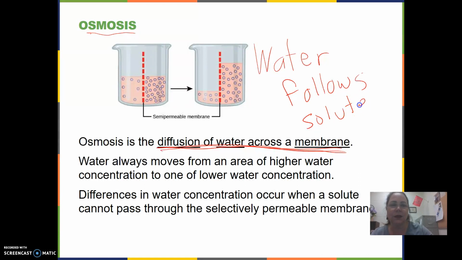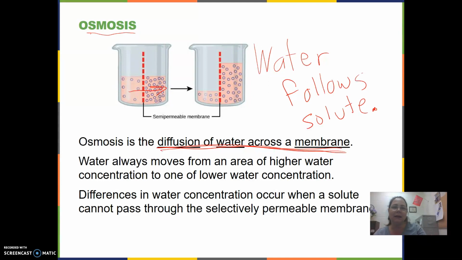So if you just look at the concentration of the solute in the different solutions, water is going to move in the direction where there's a higher amount of solute. So in this case, the water on the left is going to move to the right side of the beaker across that semi-permeable membrane that is only permeable to water, that will not allow the solutes to move.